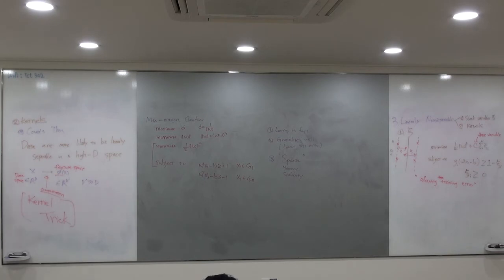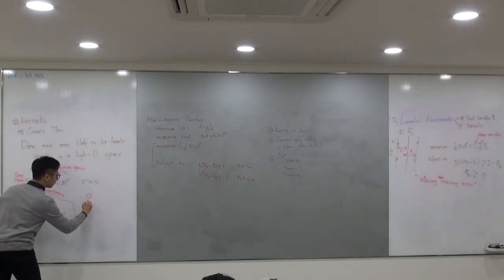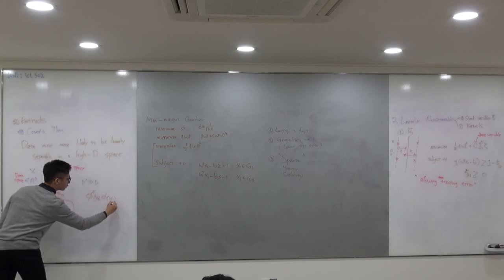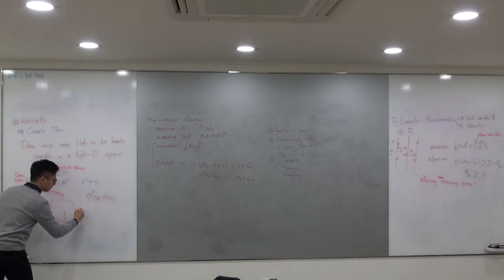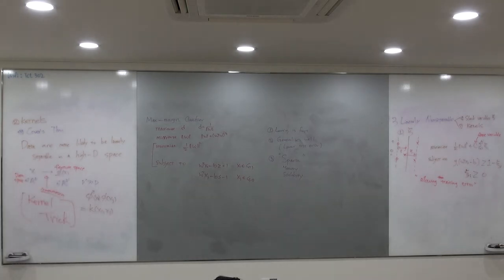Well, the kernel trick is that some operation, especially the dot product or inner product of two points in feature space, can be exactly calculated by some other function which is computationally less demanding.